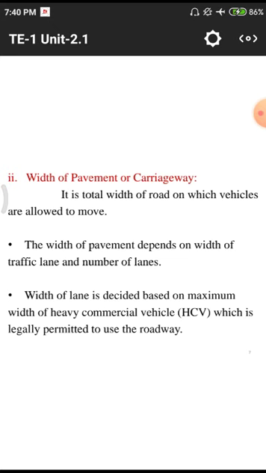This point we also dealt with previously: different kinds of roads have different kinds of vehicles traveling. As previously discussed, national highways have one mode of vehicles, villages have another kind, and normal rural roads and other important roads have other modes of vehicles, so we need to design a particular road depending upon the vehicles traveling on it.